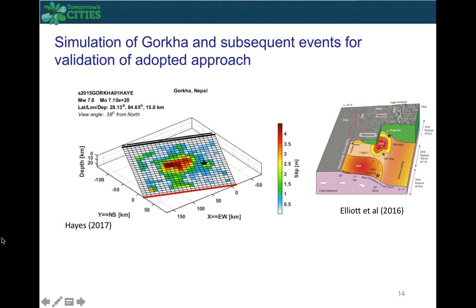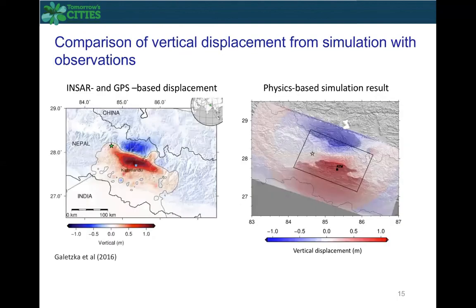What you can see is the amount of slip on the rupture plane, and by conducting physics-based simulation for that inverted kinematic rupture, we have estimated the vertical displacement across the rupture plane and away from the rupture plane.